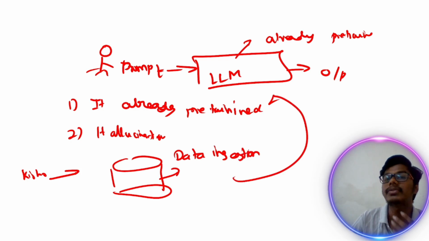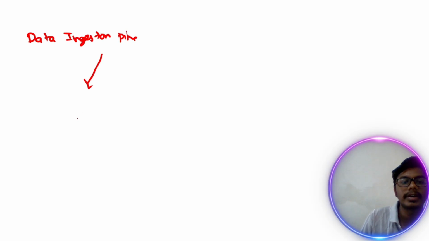This is very important, guys. That means we are going to fine tune the model, right? So what happens in the data ingestion pipeline, and how do we create it? Let's discuss. The data ingestion pipeline is nothing but where we are going to inject the data.